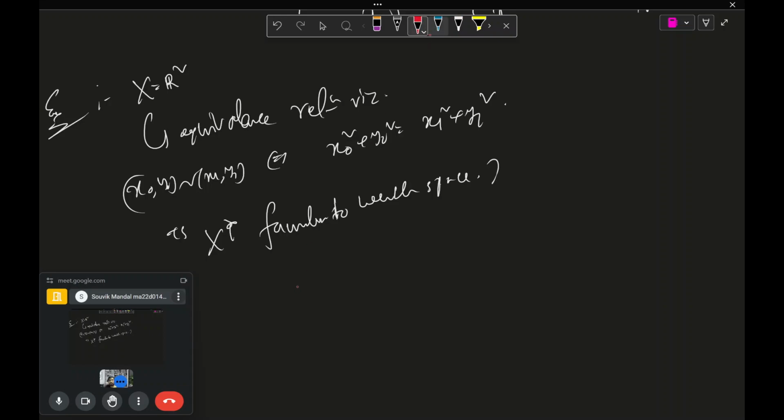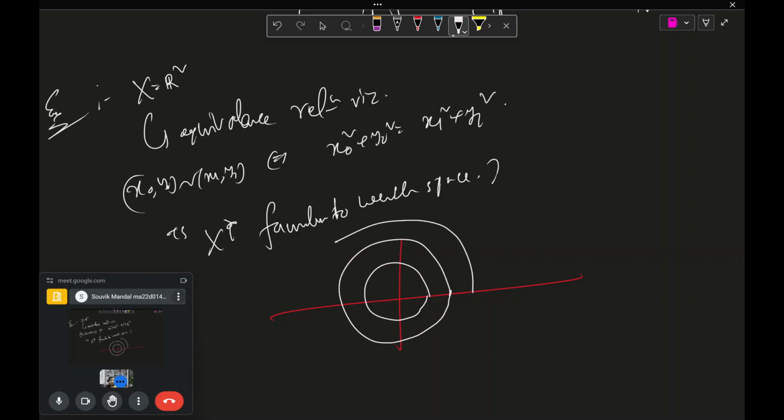So basically we have the real plane, and we have some concentric circles. In the quotient space, all the points on the first circle are equivalent to each other, all the points on the second circle are equivalent, and so on.